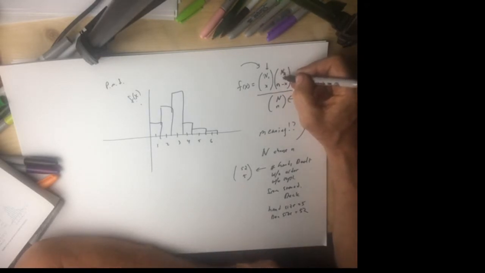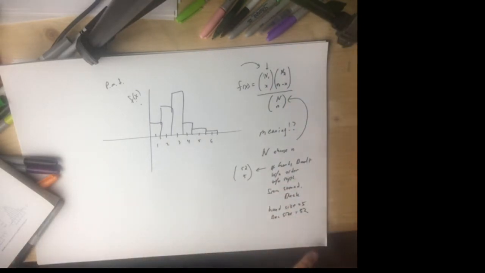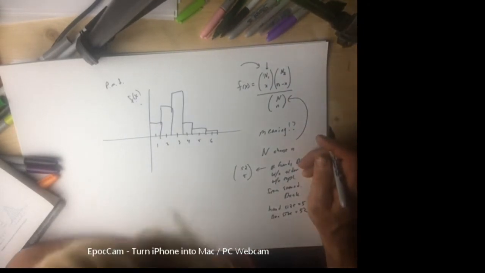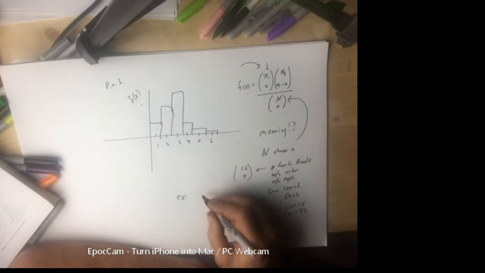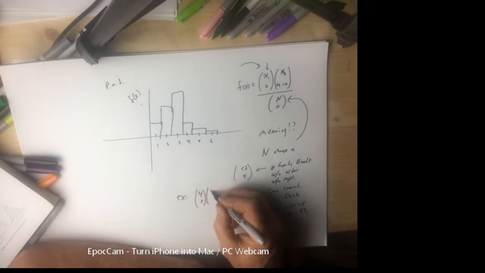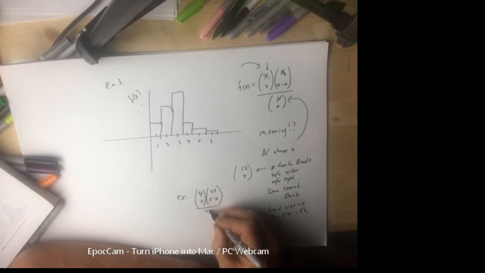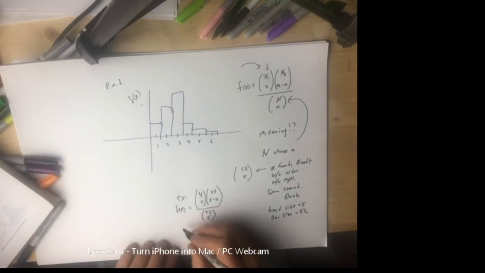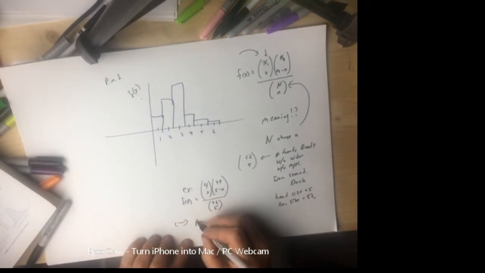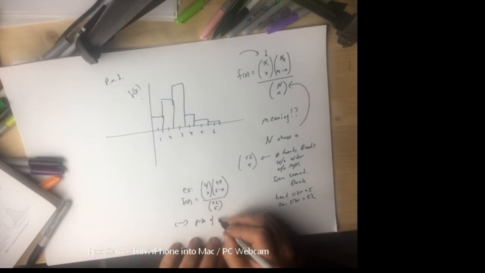But then the remaining cards are the deck, 52 minus the 4 kings. So an example that we've done already is 4 choose x, 48 choose 5 minus x, over 52 choose 5. This was a very reasonable f of x. It was associated with the probability of getting x kings.